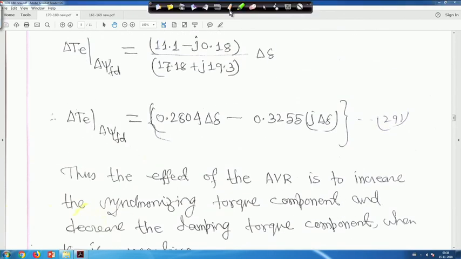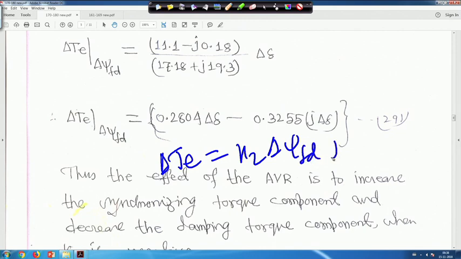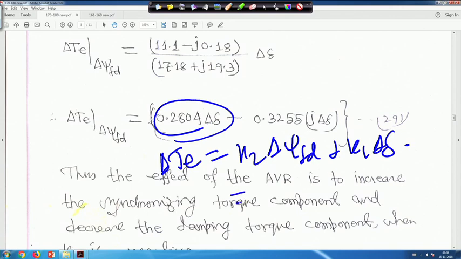If you go back to figure 30, delta T has two components: one is K2 delta psi FD and another is K1 delta delta.